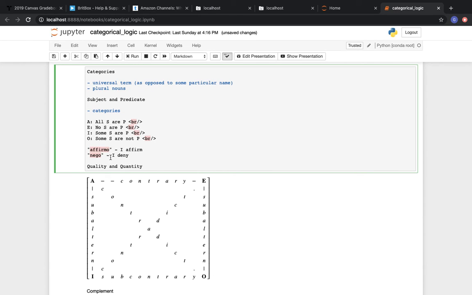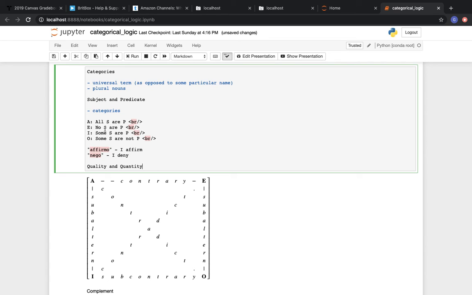And the idea is that these claims, the A and the I, are affirmative claims because they're saying that something is true. All S are P, some S are P. Those are both making affirmations. Whereas the E and the O claims are making denials.